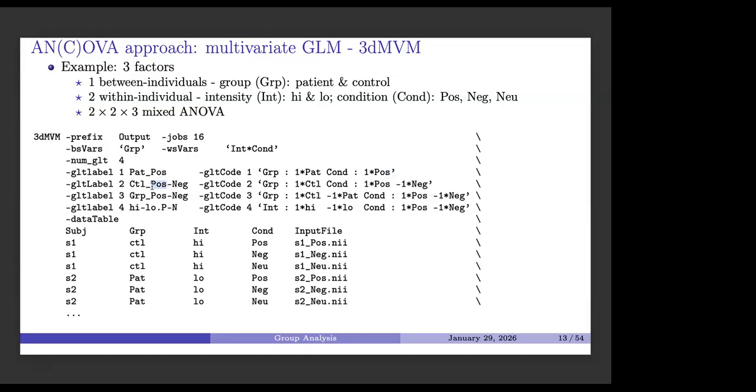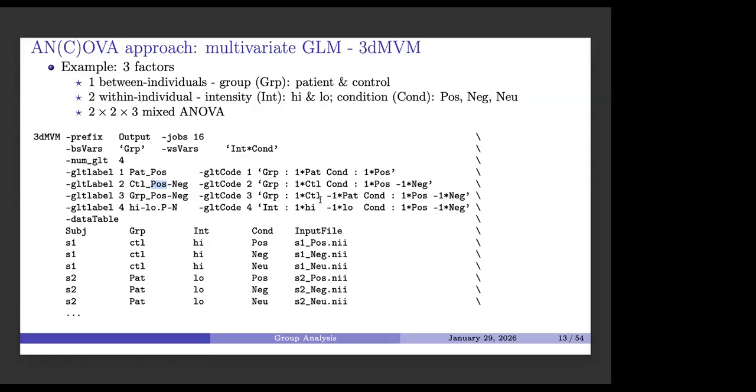The label is usually whatever you feel is informative enough to reveal what it is, because later in the output, that label will tell us what each estimated effect is.